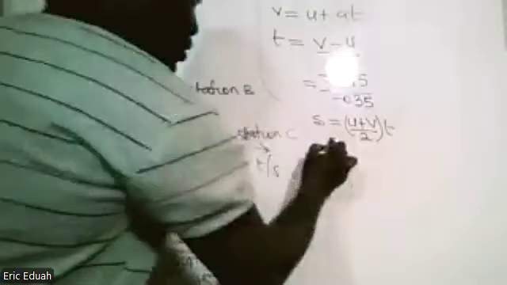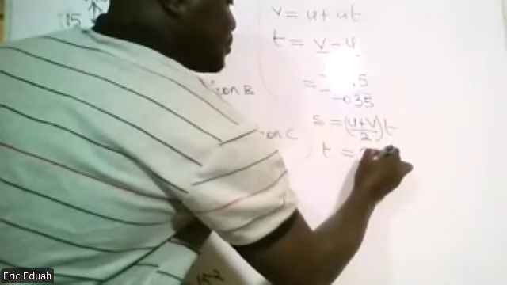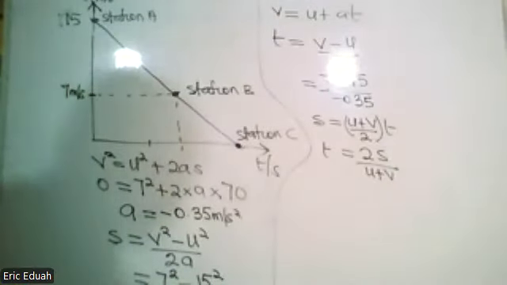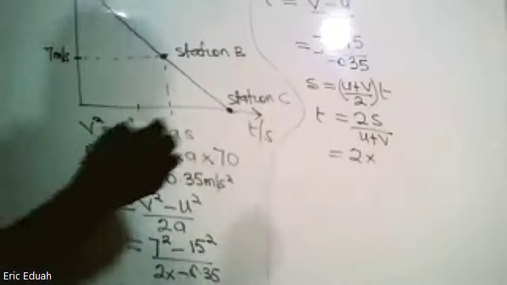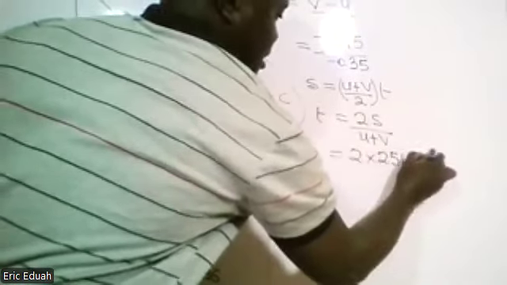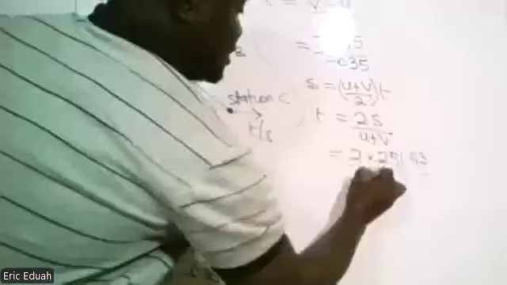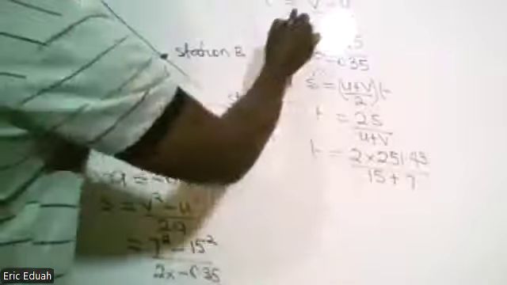So T therefore would be 2 times S over U plus V. So 2 times 251.43 divided by 15 plus 7. Both ways must give you the same time.